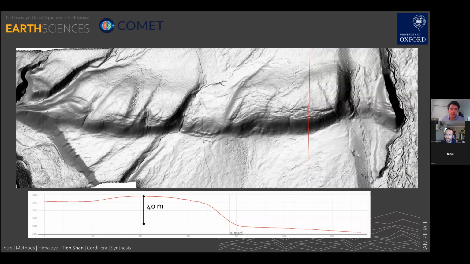We know that these faults march out with time, and we can see that looking at the Himalaya at a really big scale. We know these faults march out with time and that the hanging wall is rotating. So that's the model I have in my head.